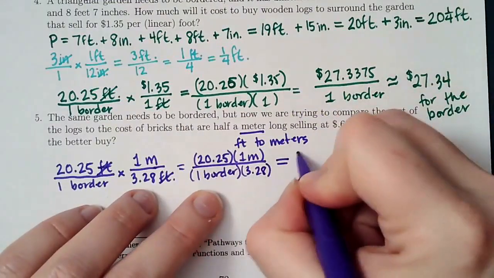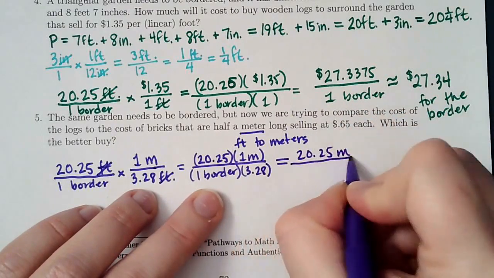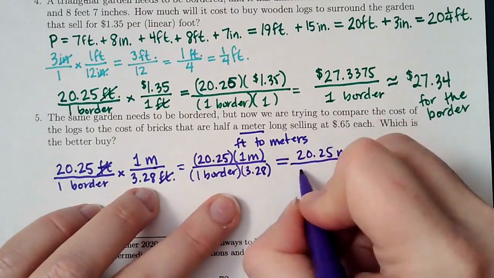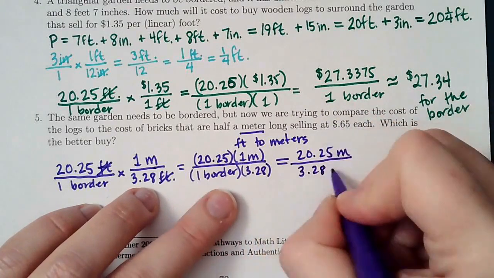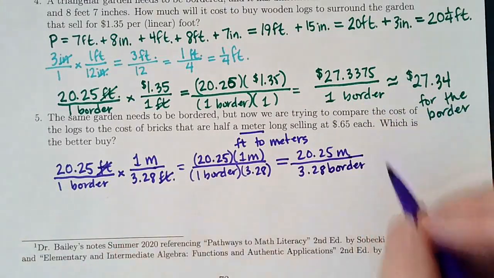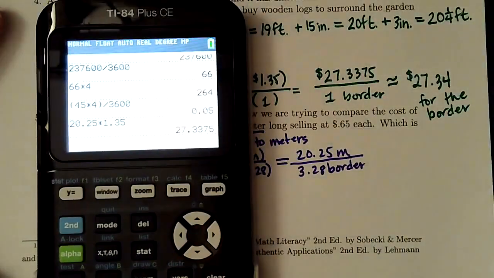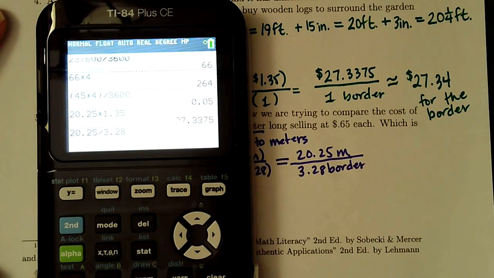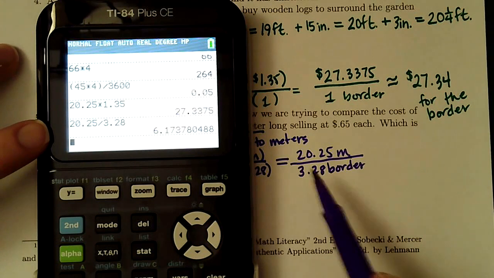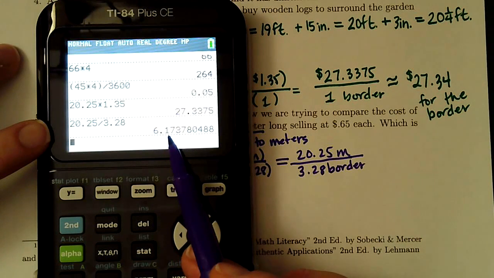Okay, so 20.25 meters, because it was times 1, and this is also times 1, so divided by 3.28 and label a border. Okay, let's compute. 20.25 divided by 3.28. And remember that this 3.28 is already rounded, so we're going to have to round and round again. So approximately 6.17.